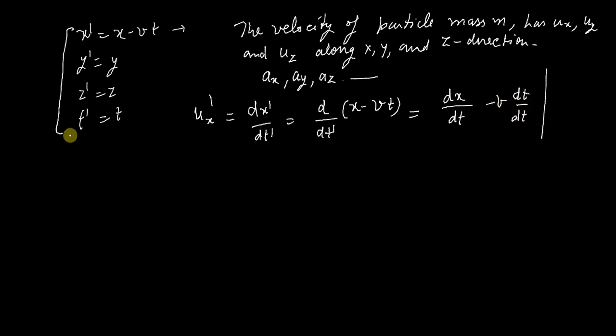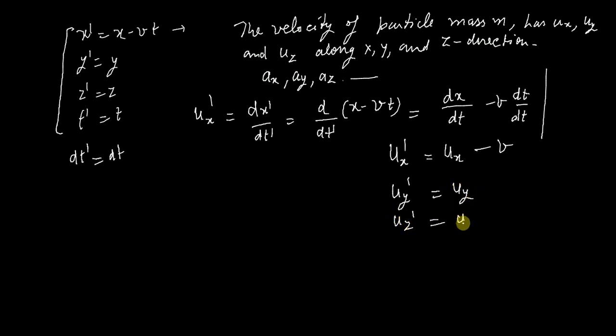As I know from this equation that t prime is equal to t, I can write dt prime is equal to dt. So this is dx upon dt minus v, where v is the relative velocity. Don't confuse this v with ux prime. This velocity is the velocity of the particle in the moving frame. So dx upon dt is ux, minus v, dt cancels out, so here you get ux prime. And for uy prime it is equal to uy only, uz prime is equal to uz.